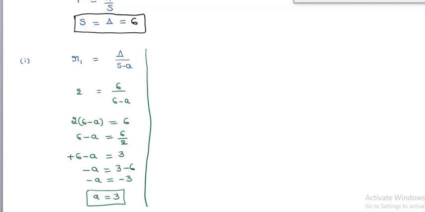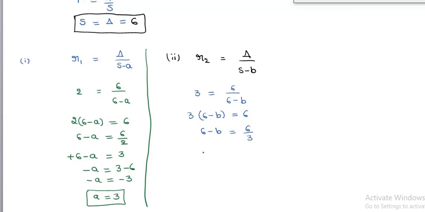Next, second one. R2 is equal to delta by s minus b. So R2 value is 3, delta value is 6 over 6 minus b. Cross multiplication: 3 into (6 minus b) is equal to 6. 6 minus b is equal to 6 by 3. 6 minus b is equal to 3, 3 ones are 3, 3 twos are 6.